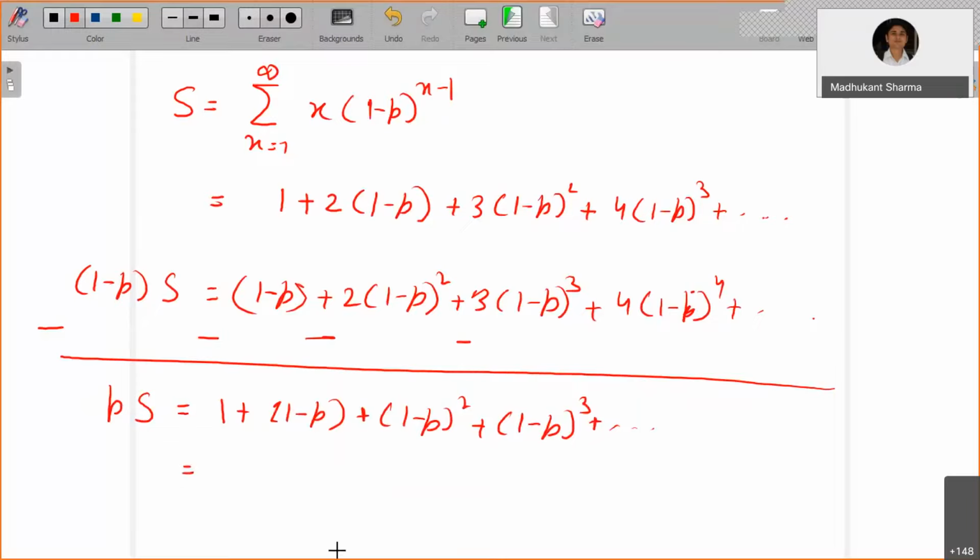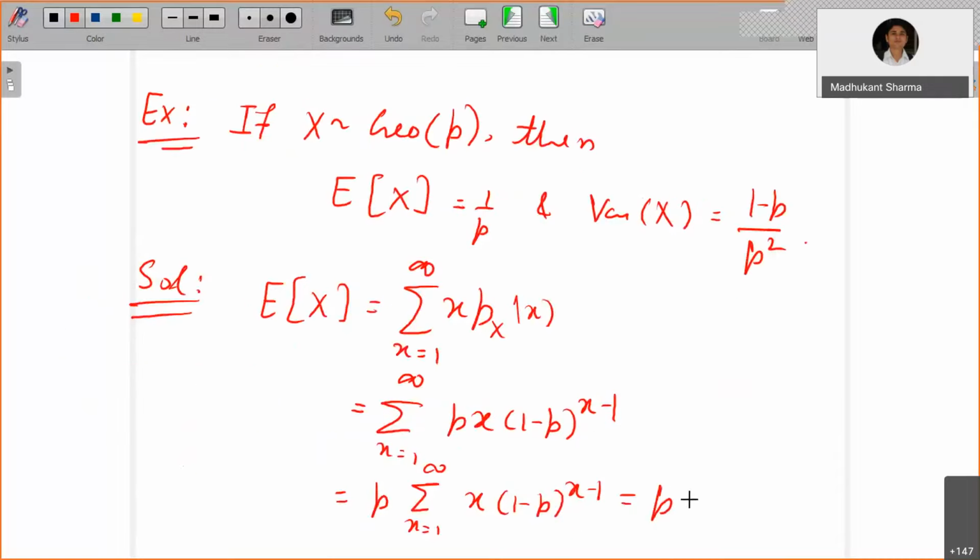And that is nothing but a geometric series with common ratio 1 minus p, so the sum is going to be 1 upon 1 minus (1 minus p), so this is going to be 1 by p. So this implies S is equal to 1 by p square. So we now have S equals 1 by p square.